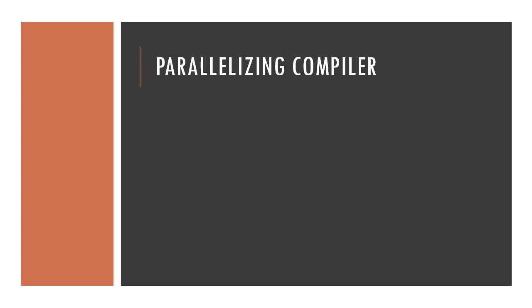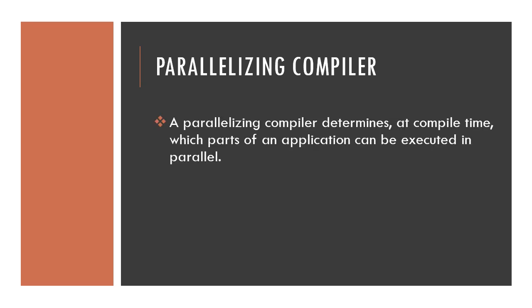Parallelizing compiler. A parallelizing compiler determines at compile time which parts of an application can be executed in parallel. So what the compiler does is it makes a pass in the code and identifies the functions or modules of the code that can run independently and which have no data dependency.